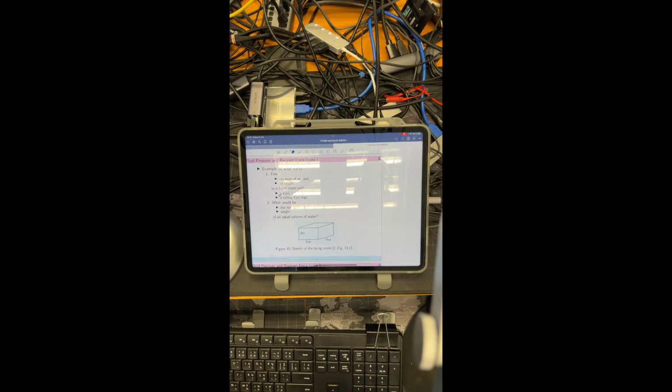Find the mass of the air and its weight in a living room with the dimensions of 4 times 5 floor and the ceiling is of the height 3 meters. That's the first question, right? The mass of the air, and what would be the mass and weight of an equal volume of water?